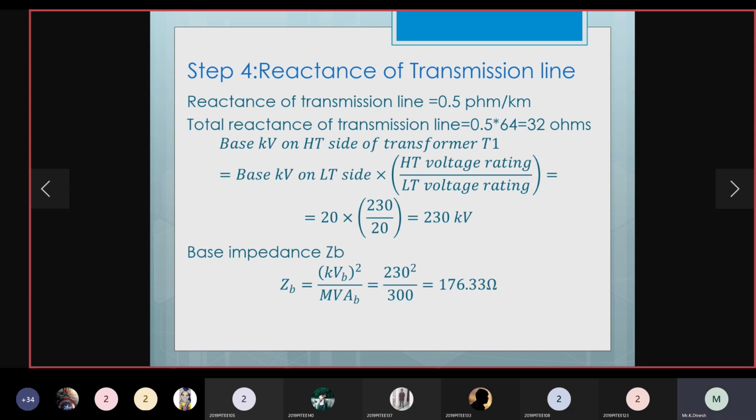Next we are going to calculate the base impedance. So in the transmission line you can't find your X per unit new directly. So for your X per unit new, we have to calculate your base impedance ZB. So ZB is nothing but KVB square by MVAB. So your KVB determined earlier is 230 and MVAB is 300. So 176.33. And you have the total reactance. So reactance for 1 kilometer is 0.5 and for the 64 kilometer length of the line it is 32.